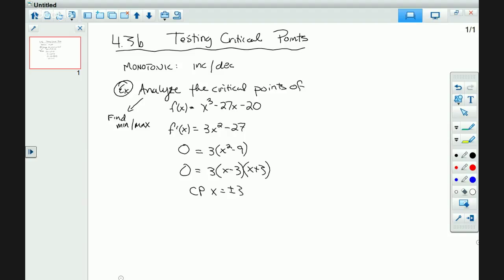You're comfortable with that by now because you've done it lots. Do you remember how to find a min or a max? Right, exactly. Sign, not sine.